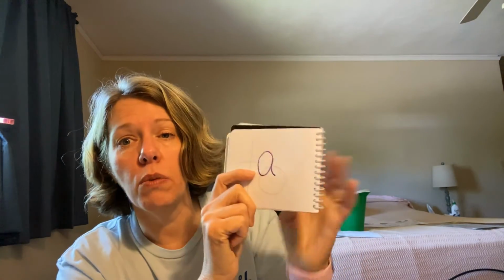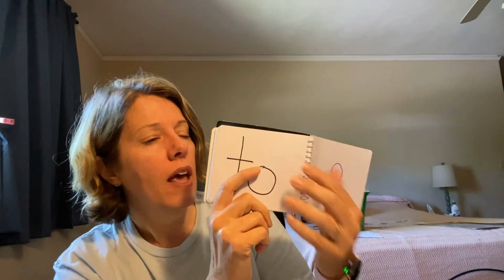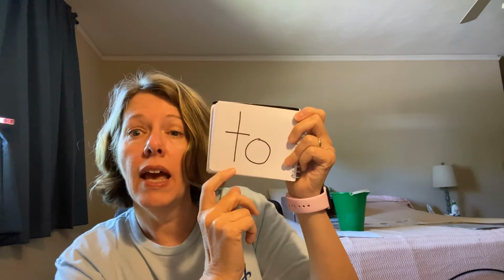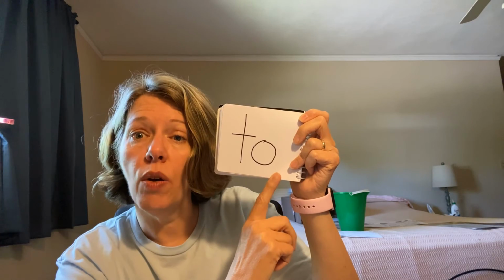Is. We use this one a lot. Is. And here's another one we use a lot. A. All right. And so this one is kind of a new one. And it is to. To. Like, I have to go.